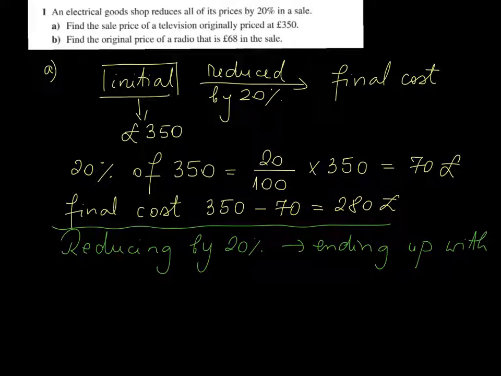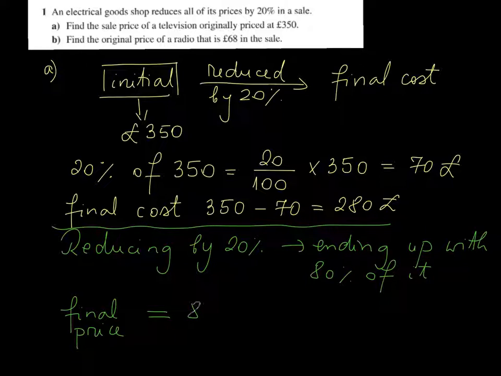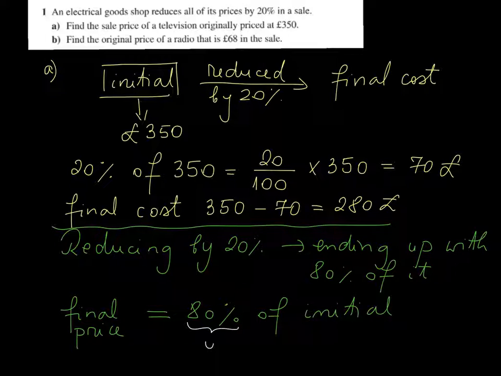Our final price will be 80% of the initial or of the original. We called this 80%, which is the same as 0.8, the multiplier.